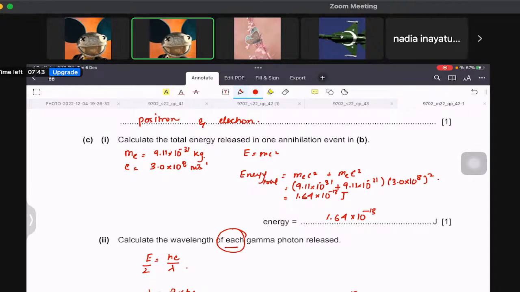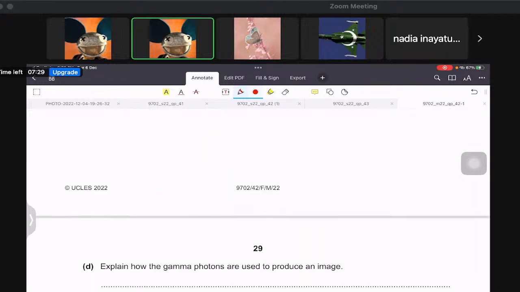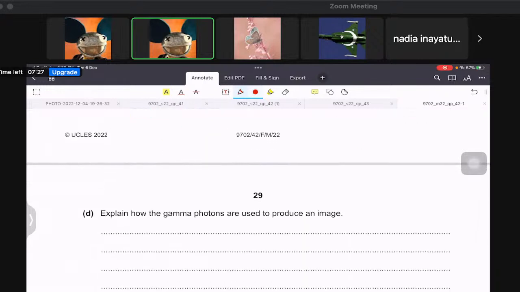Okay, very good. Now, the next thing we're going to do is explain how gamma photons are used to produce the image. Now, this is what you need to write.